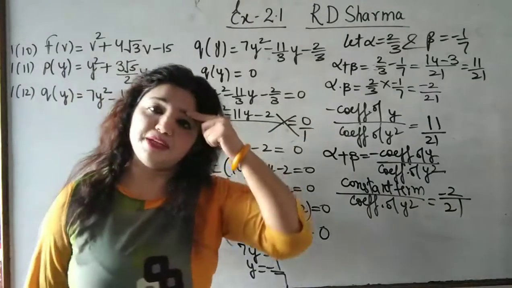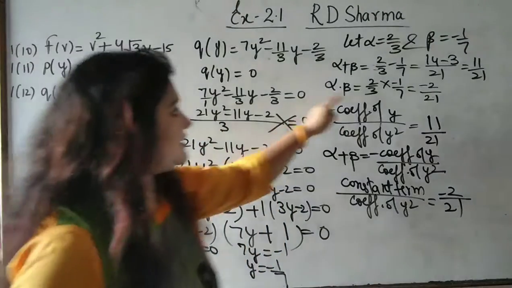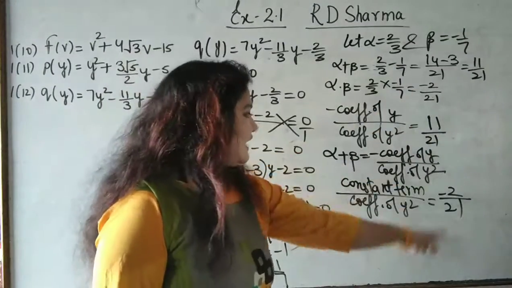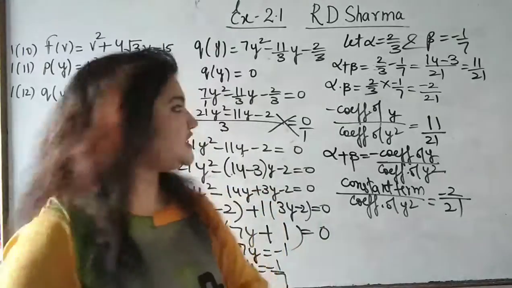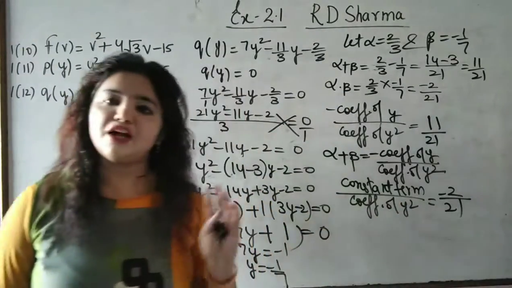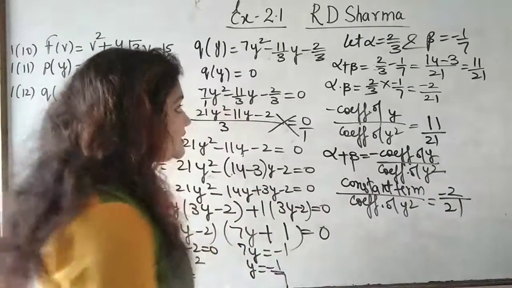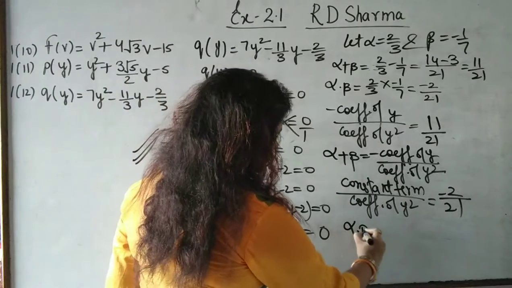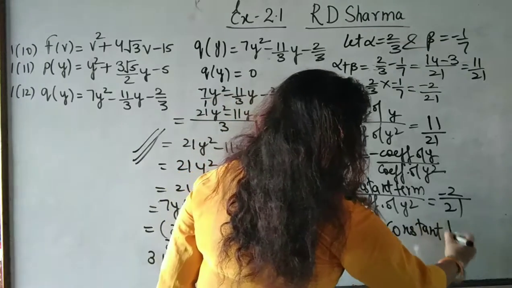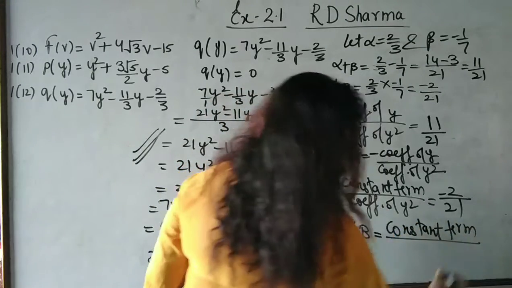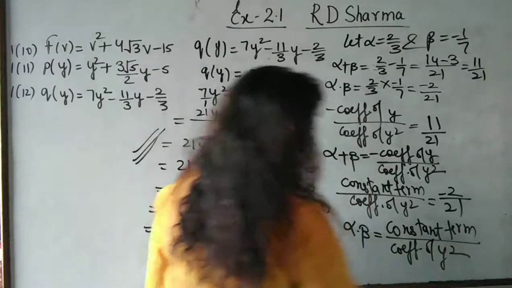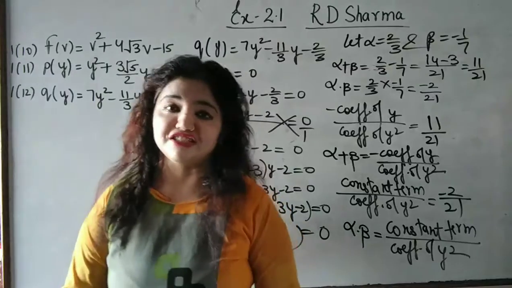And the value of alpha into beta, we have already calculated, minus 2 upon 21. Same values, so we verified the relation. Alpha into beta is equal to constant term upon coefficient of y square.